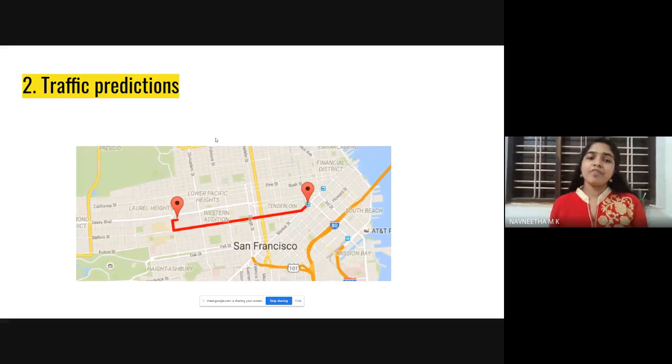Next one is traffic prediction. Today, we all use Google directions anywhere, on a trip, on a daily commute, or even for intercity travel. Most of you are familiar with Google directions or Google Maps.